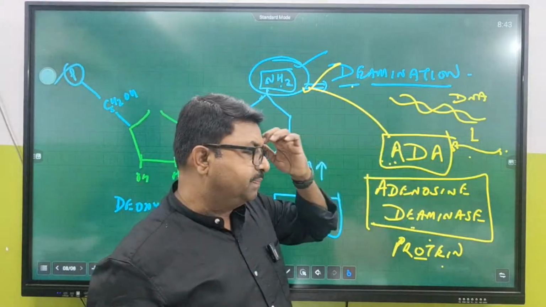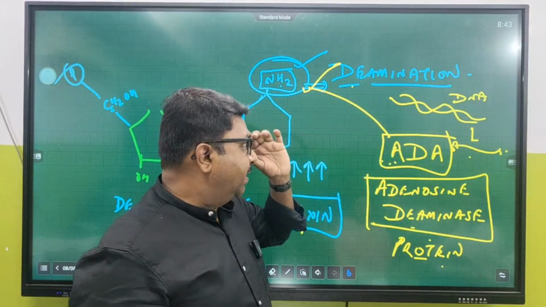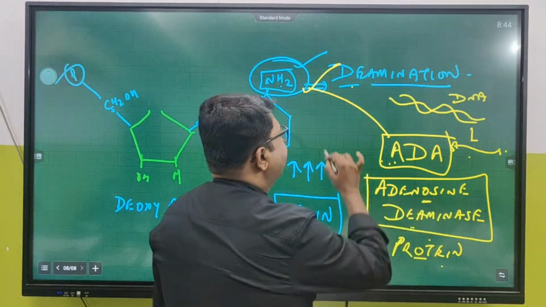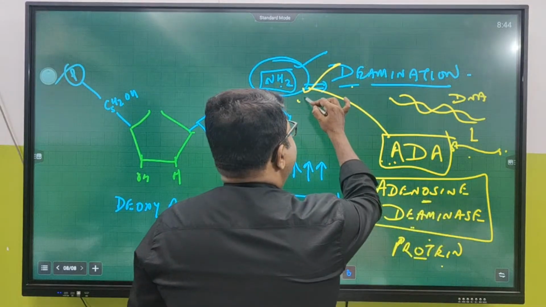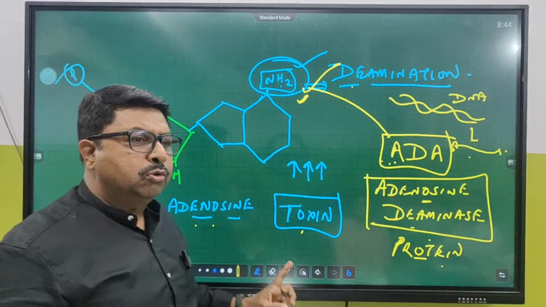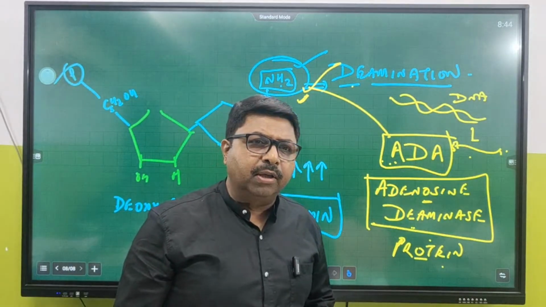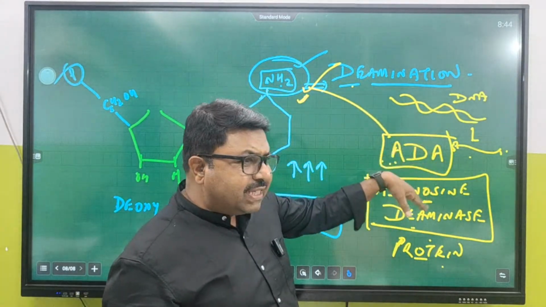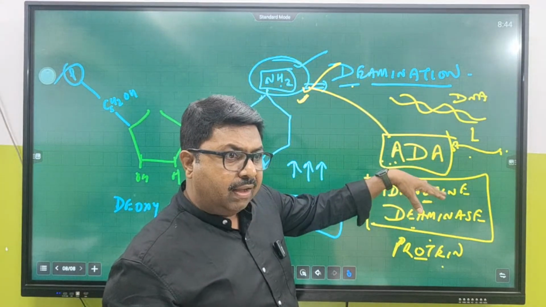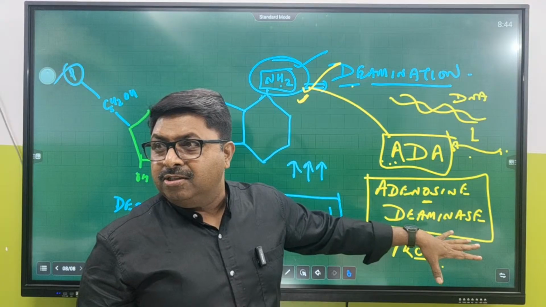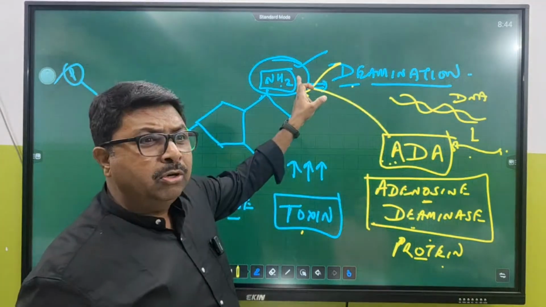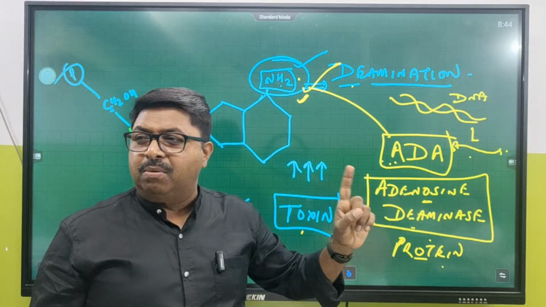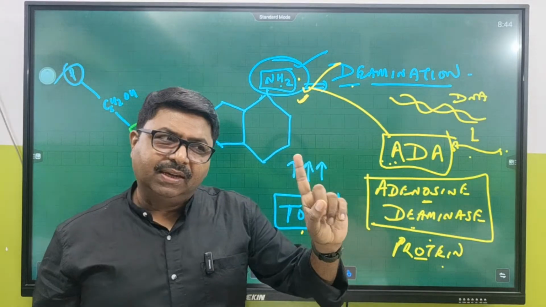Now, what is going to happen? If there is a deficiency of this, the amount of deoxyadenosine is going to increase in your body or decrease in your body? Again, I repeat this question. If there has been a deficiency of ADA, this enzyme is not there, so it's not going to be able to remove the amino group. In that case, your body is going to become toxic, number one. Clear?